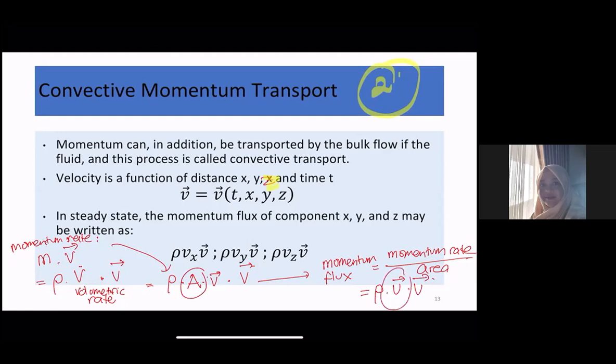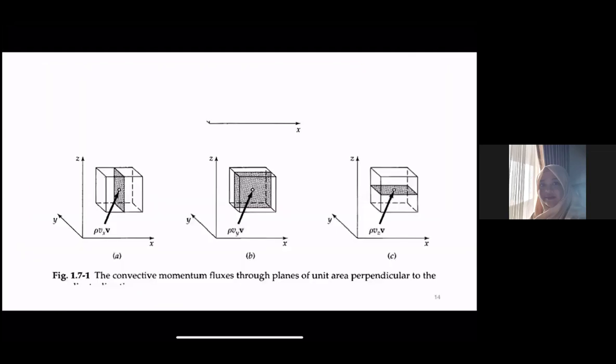And this v consists of vx, vy, and vz, which are the components. So the components of the momentum flux are rho vx v, rho vy v, and rho vz v. This is how we write it.